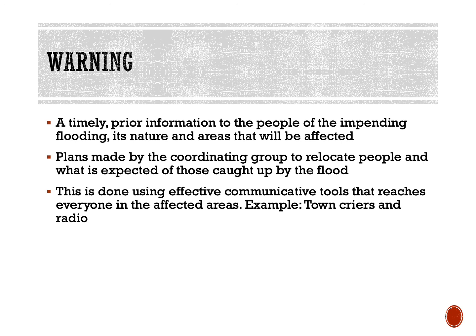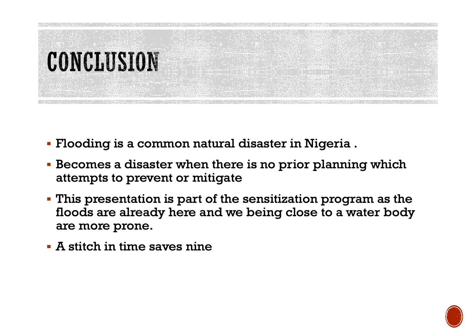So I hope that you now know what it entails to manage a disaster, most likely an environmental disaster like flooding. So in conclusion, flooding is a common natural disaster in Nigeria, and also sometimes a man-made disaster like the 2013 flooding that we used as a case study here.